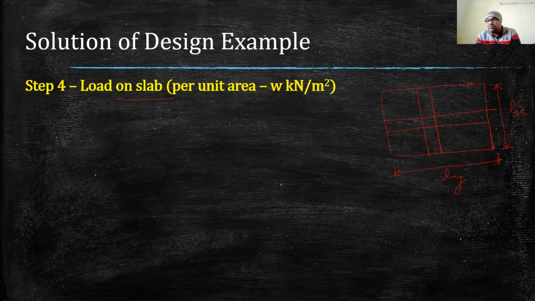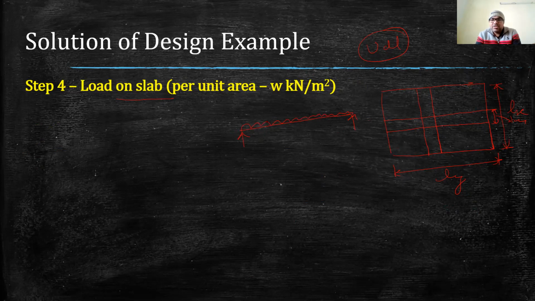So here the width is 1 meter. Similarly, the load on the slab is generally considered as UDL, and I'm making the loading diagram. So UDL is generally represented like this.